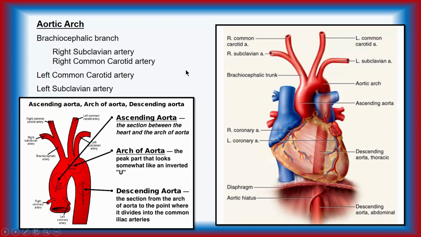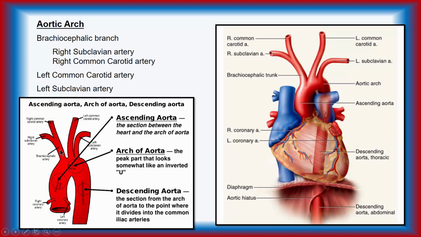As far as the aortic arch, remember you have the aortic arch, you have the brachiocephalic branch, the middle one is the left common carotid artery, and then the left subclavian artery. The reason that these go directly into those arteries is because the heart is located toward the left side of the chest.